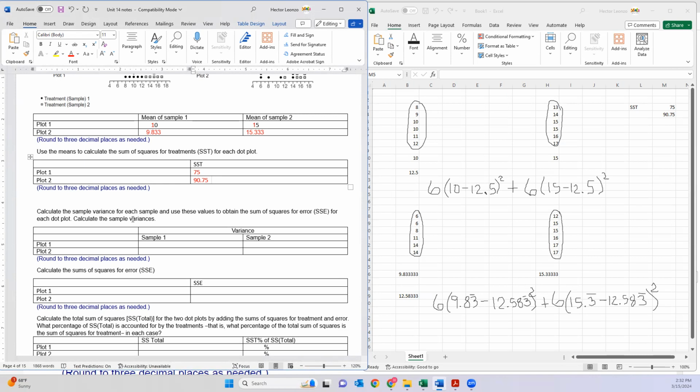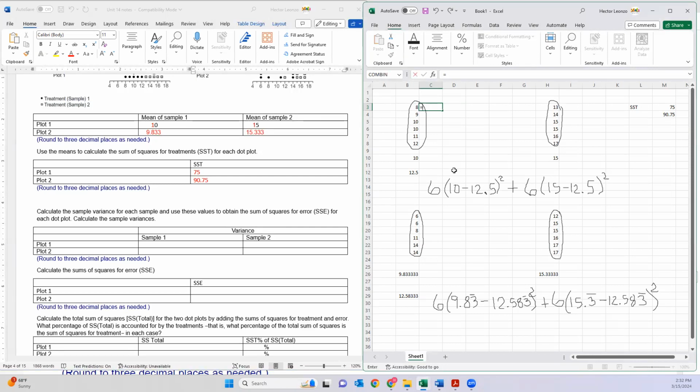Okay, so the sample variances, this is what we're going to do. That's why I need you guys to do this in Excel. We're going to use technology for this. What I'm going to be doing is I'm going to press equals. See next to this 8, notice how I'm looking at plot 1, sample 1. And I'm going to go this number, so the 8 minus the average.